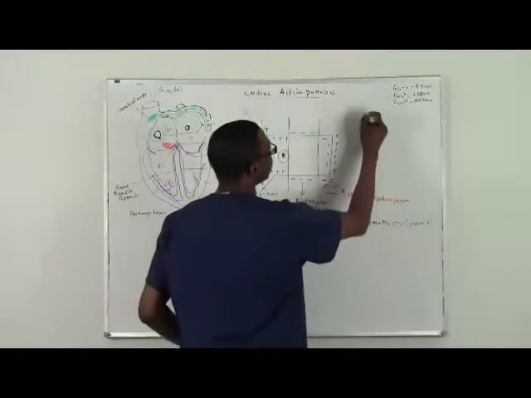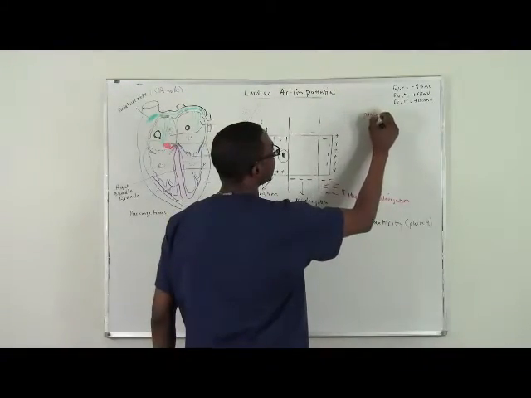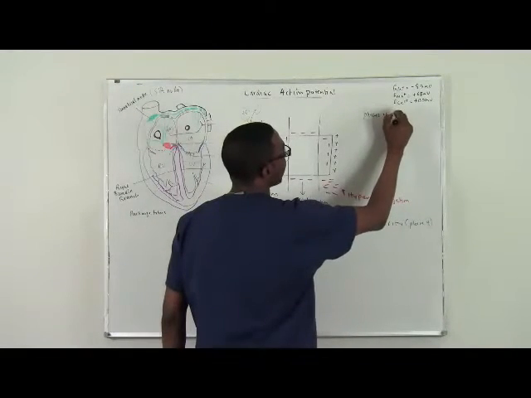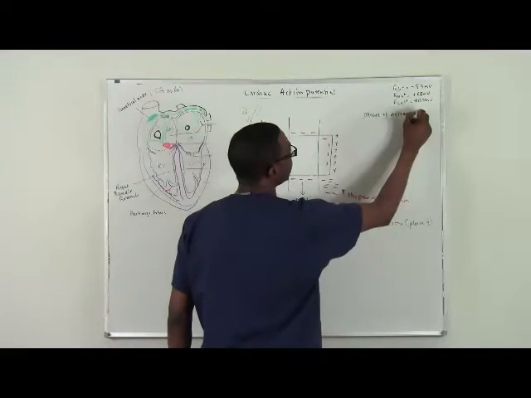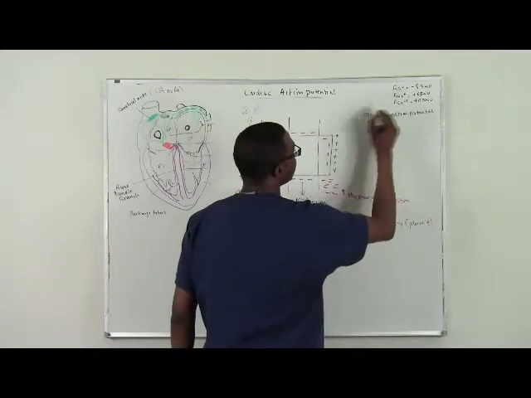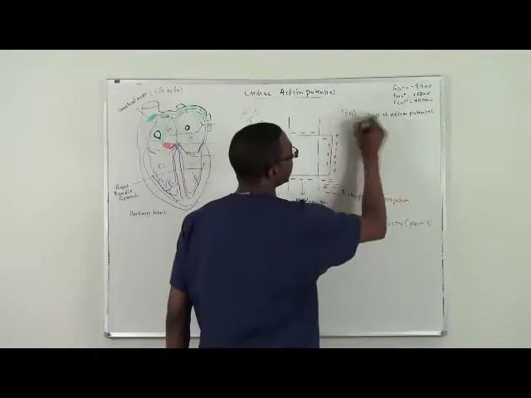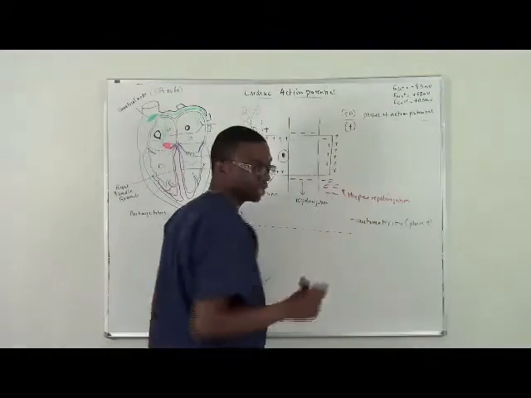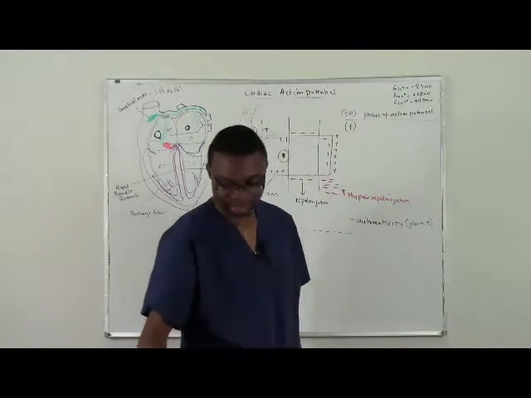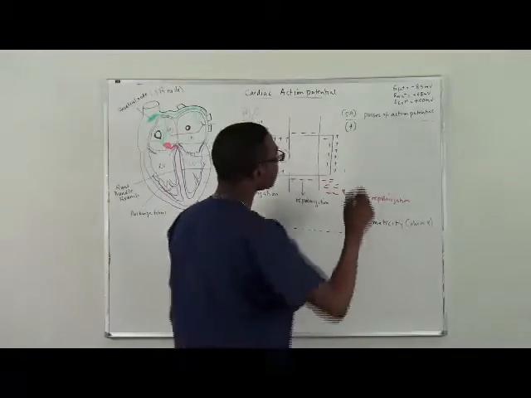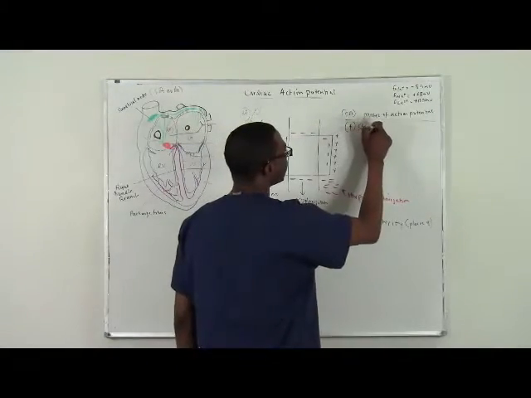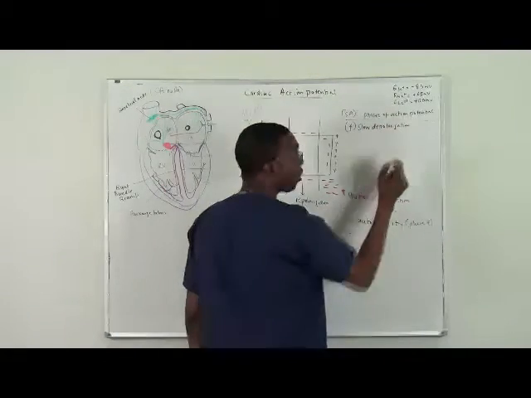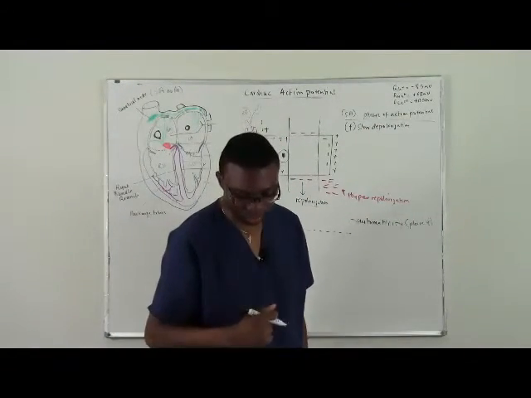So phases of depolarization, phases of the action potential at the SA node, okay? Phase 4, we're talking about depolarization using the sodium channels. All right, slow depolarization of phase 4 of the SA node.